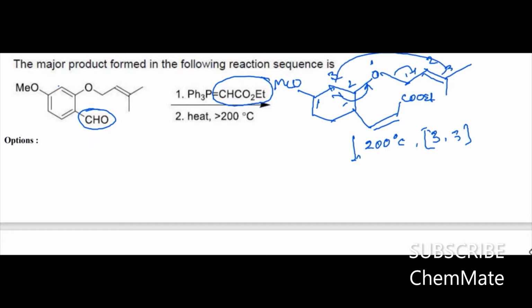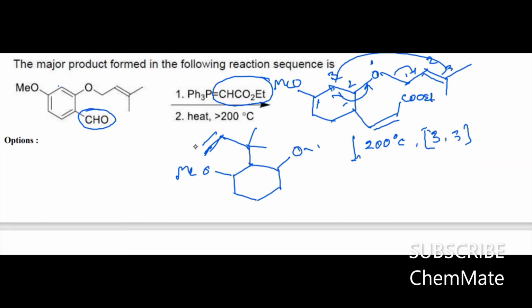So the product will be: this group will migrate to the ortho position, one, two, three, and the OMe group will be at the meta position.